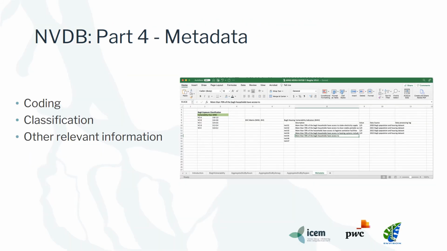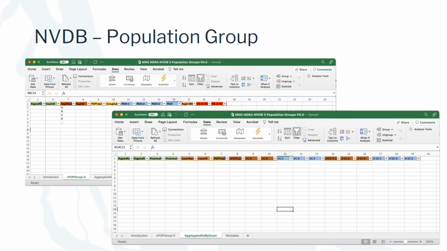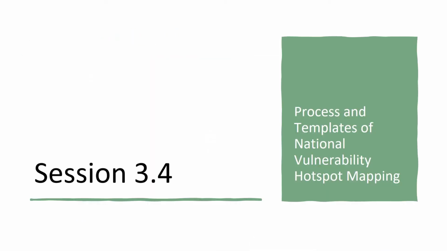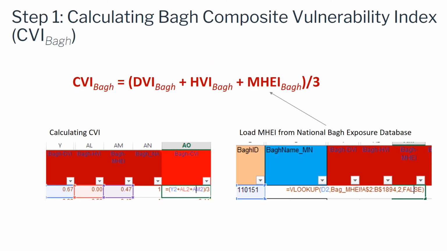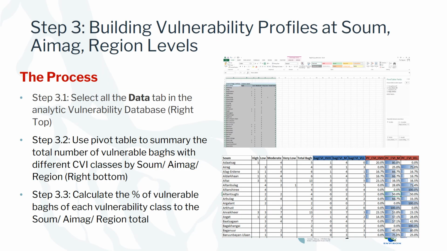Here is an example for back, building, critical facilities, land, and livestock, and there is a five-step vulnerabilities mapping process: calculate CVI of target elements, calculate categorized building elements, and load the vulnerability profile using a map template. Steps 1, 2, and 3 are the process.